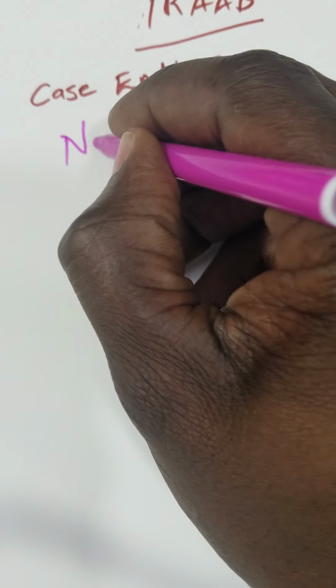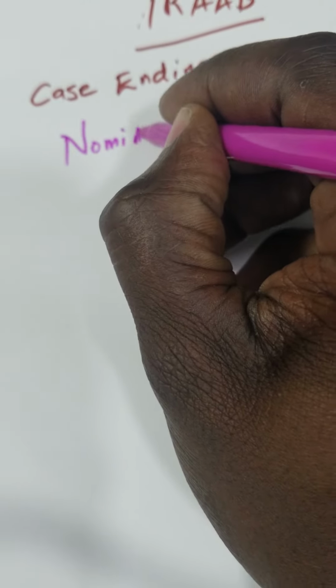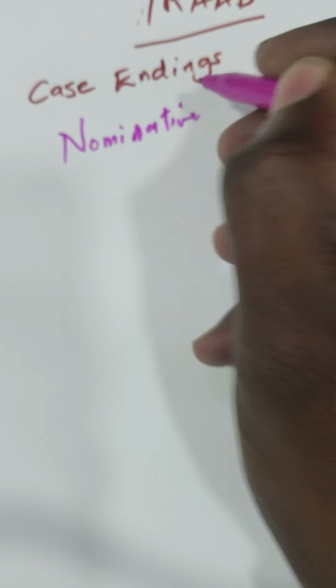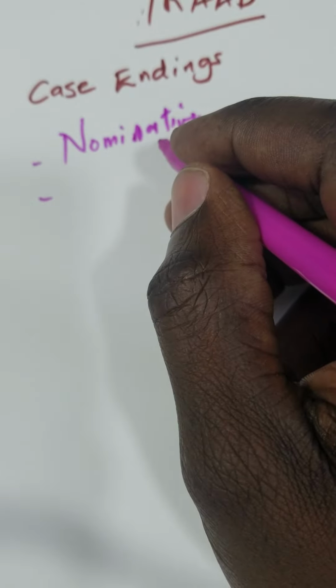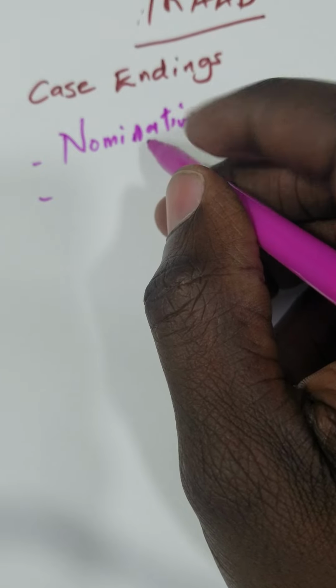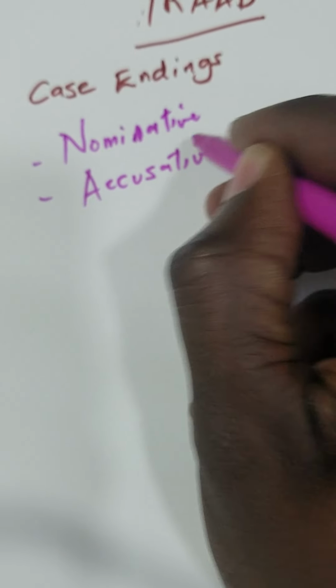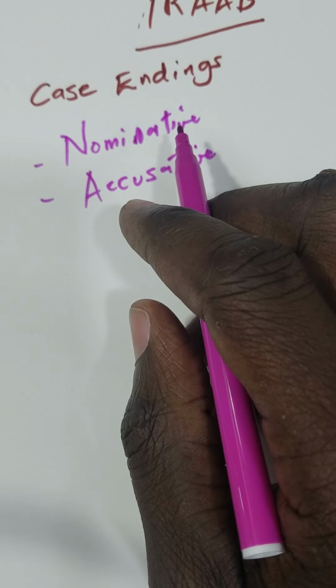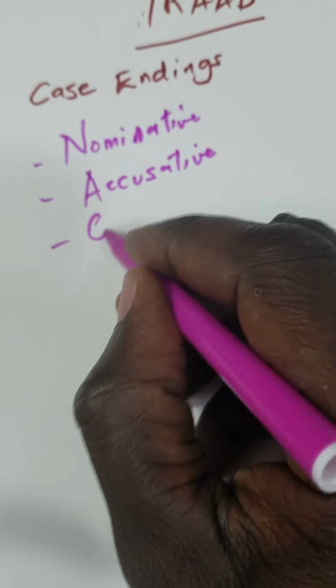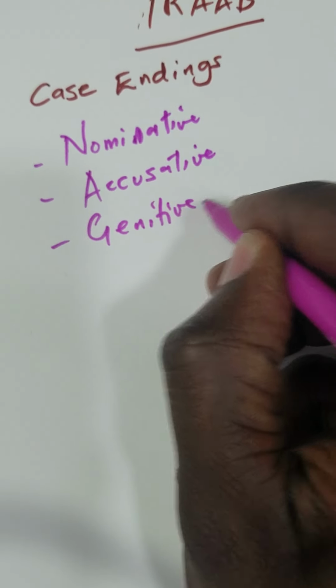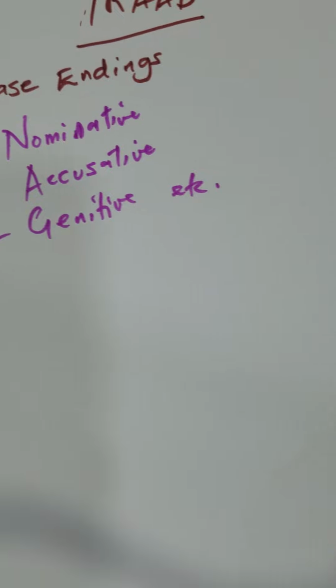You would hear something in English about the nominative case, then you'd hear something about the accusative, then you'd hear about something like the genitive, etc. But I don't want to discuss it this way.